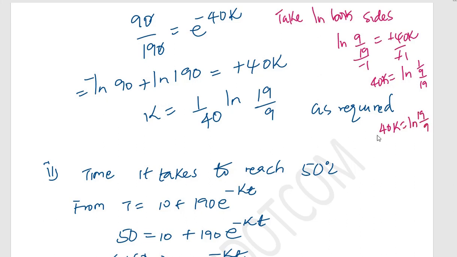Then you make k the subject of the formula. k will therefore equal 1 out of 40 natural logarithm of 19 divided by 9, which is as required.